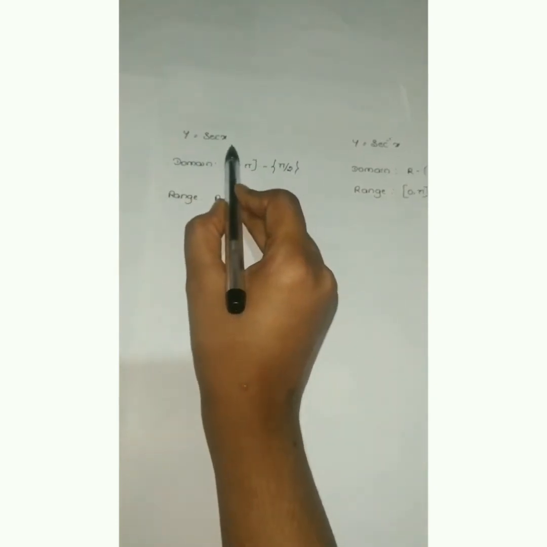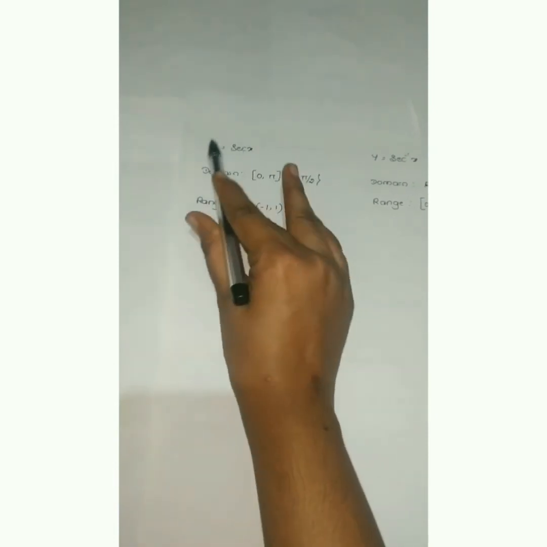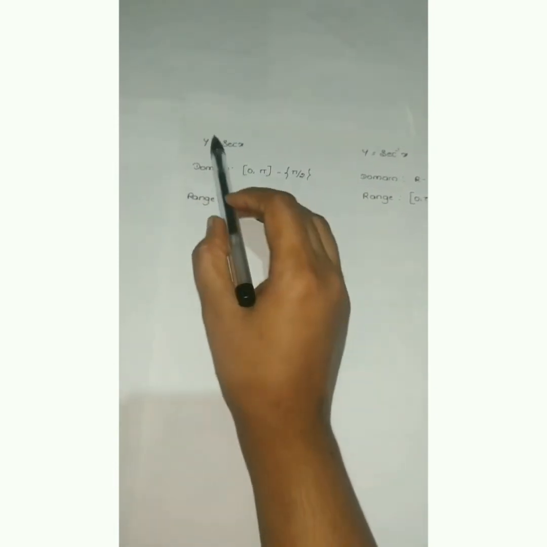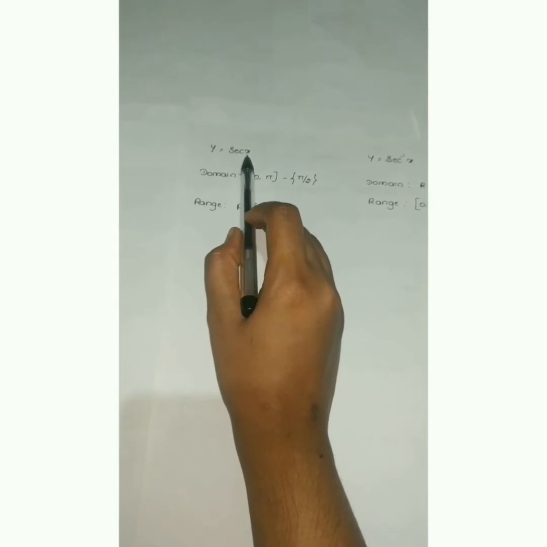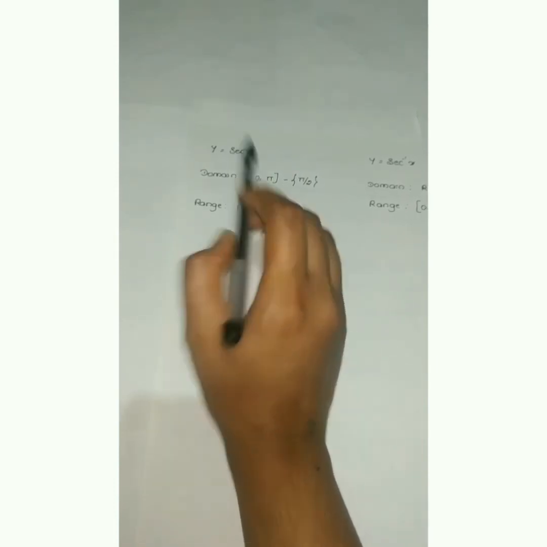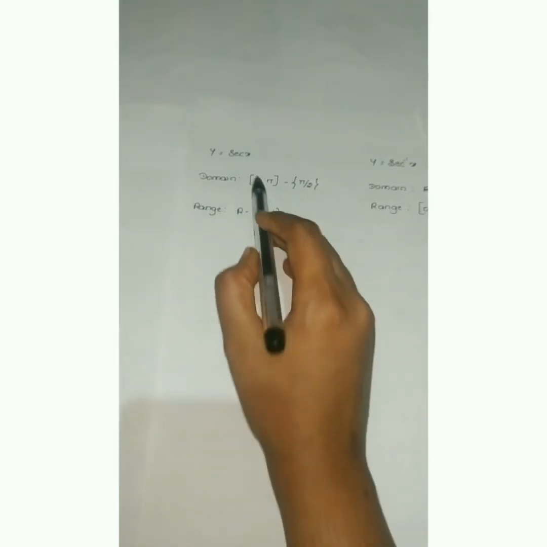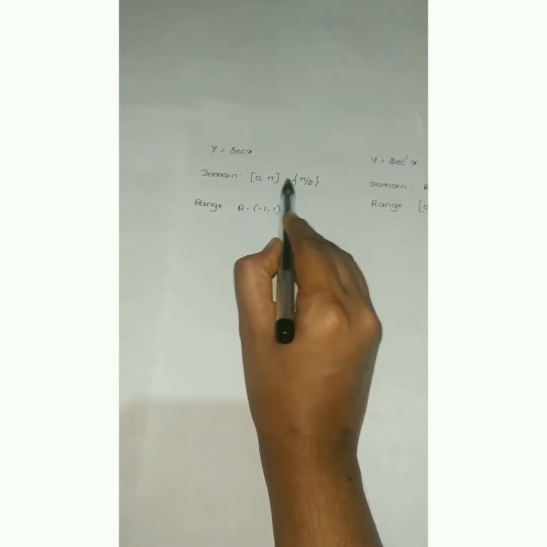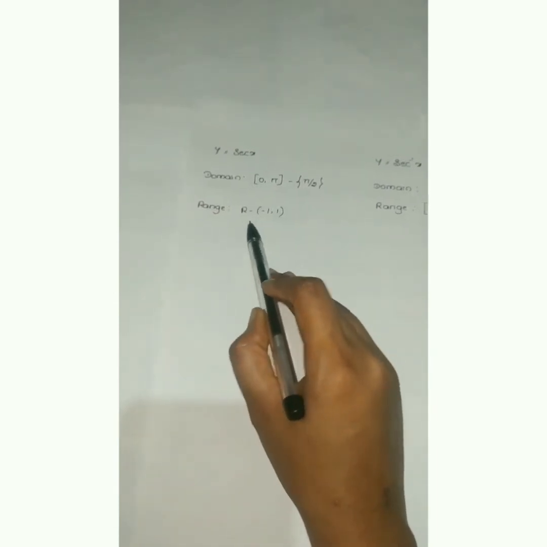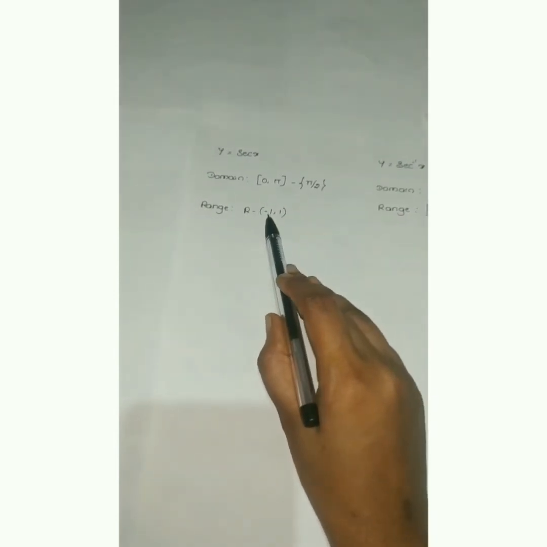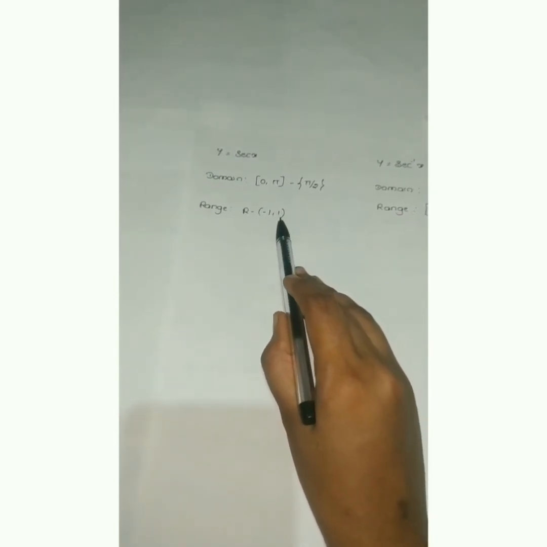So consider y equal to secant x, y is equal to secant inverse x. When we restrict the domain of secant x to make it bijective, the domain of sec x is the closed interval 0 to pi except pi by 2 values, and the range of the sec function is all real numbers except the open interval minus 1 to 1.